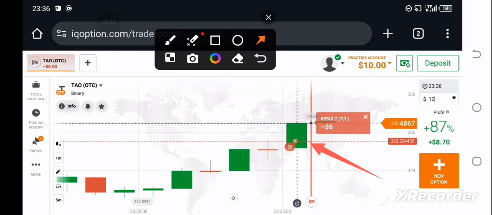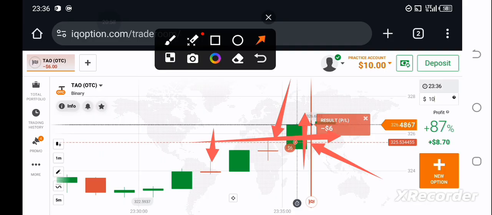I opened the position with sellers, thinking because of this previous rejection, the market may reject, but it closes above my level. So if you are entering a position for 1 minute and it closes above your entry point, it is a loss.